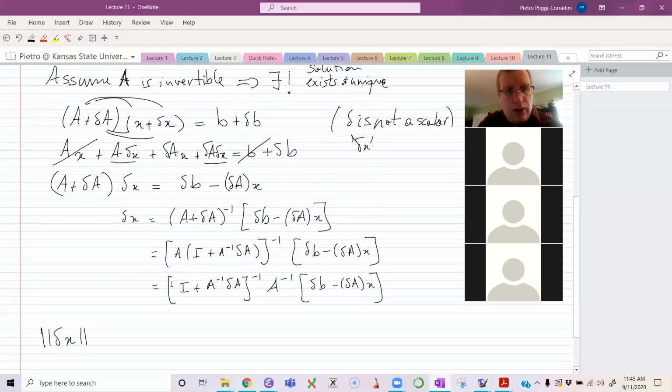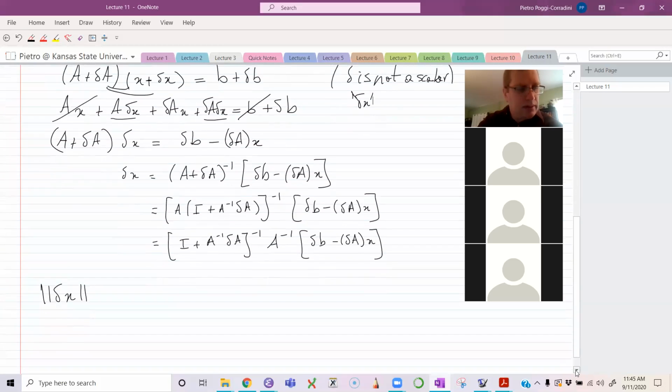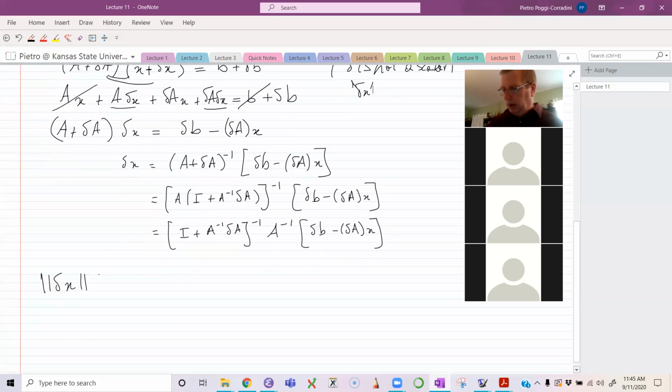So I'm going to take the norm of this expression here, and I'm going to use the submultiplicative property. So it's going to be less than the norm of this inverse, norm of that inverse, and then just the norm of that vector.